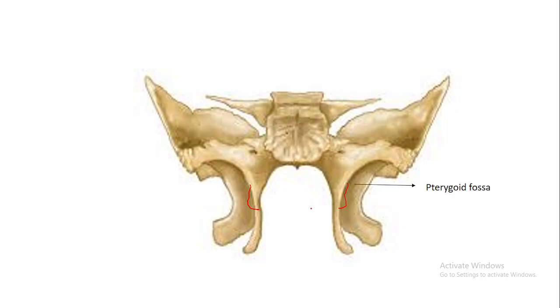This is the pterygoid fossa, which separates the medial and lateral pterygoid plates. And this one is the scaphoid fossa, a triangular fossa-like structure present at the upper end of the medial pterygoid plate. The lower inferior portion of the medial pterygoid plate has a projection called the pterygoid hamulus.